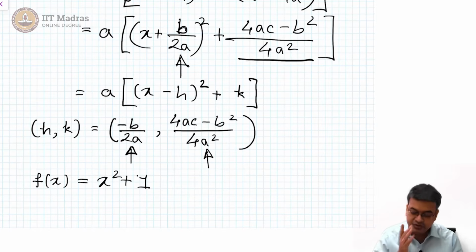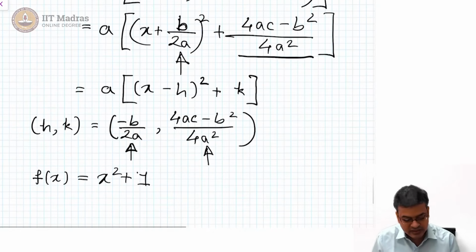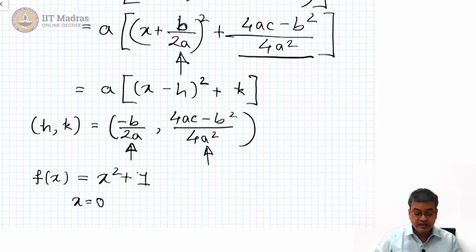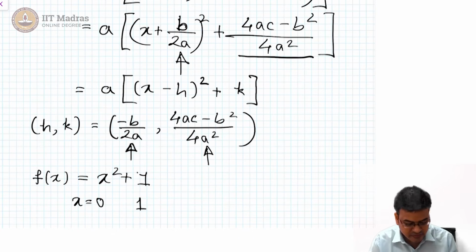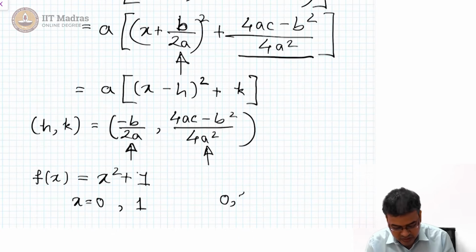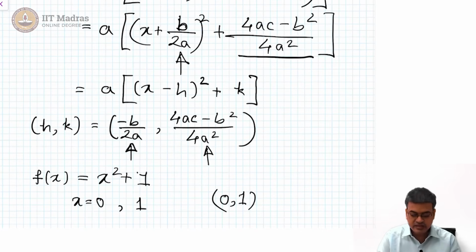I said you cannot use intercept form, right? So simply see this function and use this method. You will see that x equal to 0 is the axis of symmetry of this function. When you substitute x equal to 0, you will get 1, so 0 comma 1 is the coordinate of the vertex.